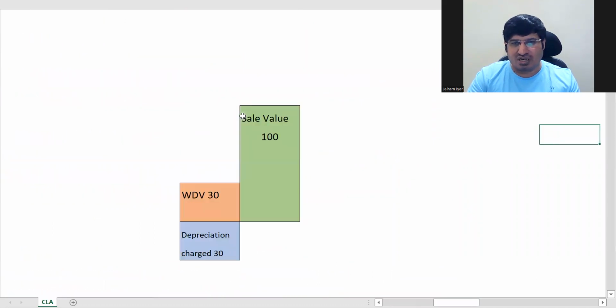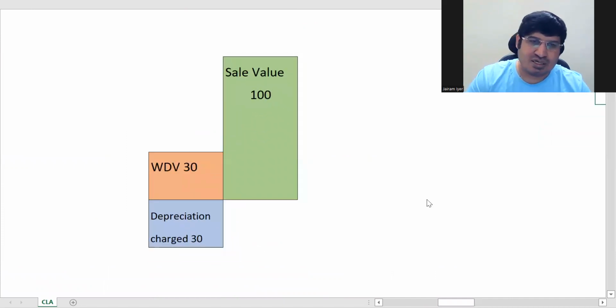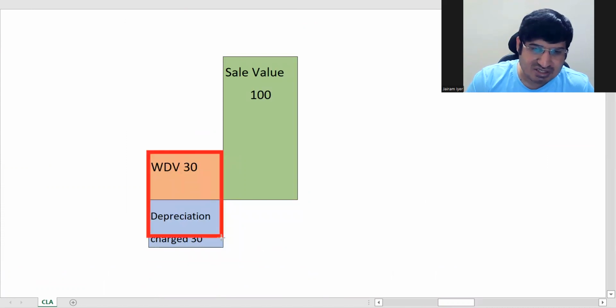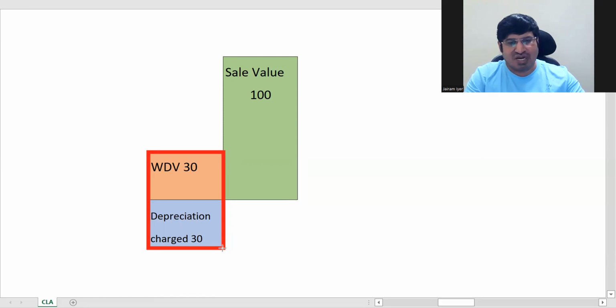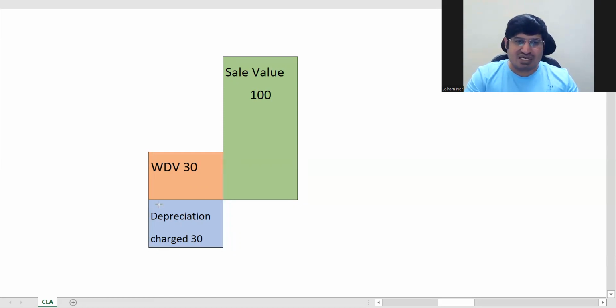What is terminal depreciation? Now see. Say this is your purchase price of asset. What I've shown in red is the purchase price of your asset. Now of this purchase price, say after some years you have charged some depreciation, and this much depreciation has been charged. Let us say it is 30.